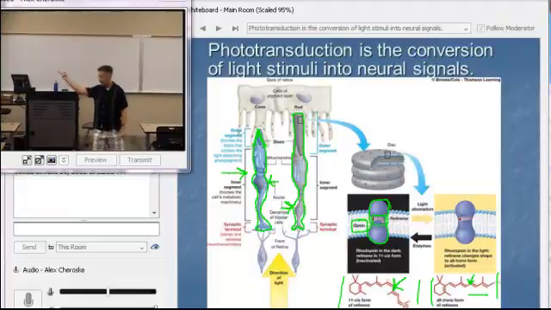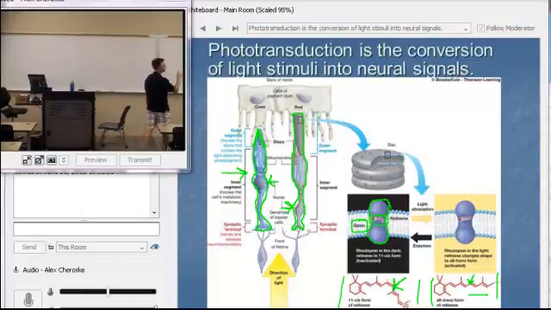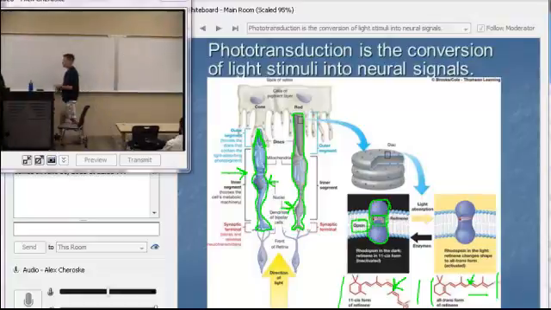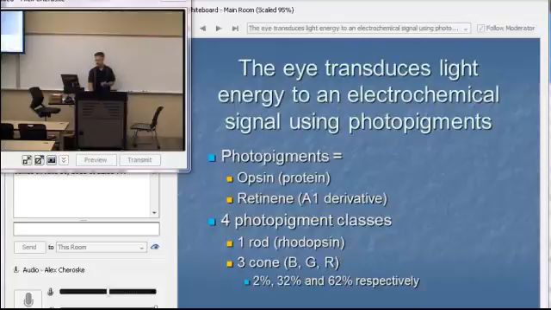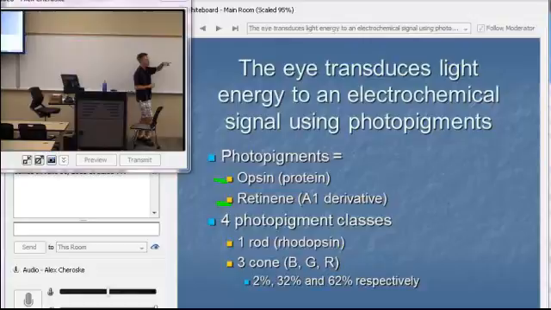So it's that rhodopsin molecule, that photopigment, which is the specialized part of these photoreceptors that allows them to change that light signal into a neural signal instead. Like we said, photopigment is made up of the bigger opsin protein, and then that little retinine molecule that has either a bend to it in the dark or straightened out in the light.